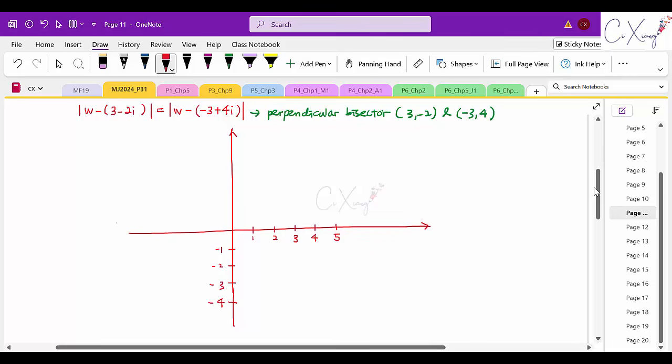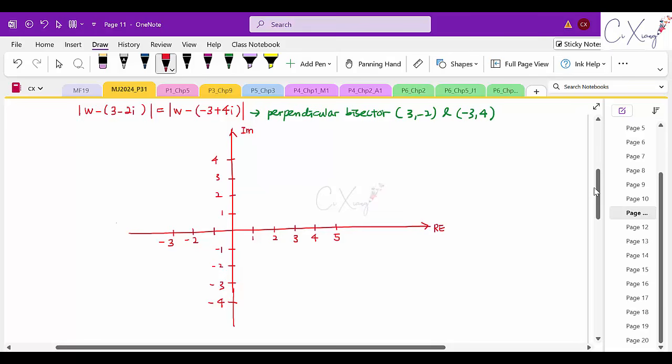After that, for the positive y, I need until 4 also. Then for the x negative, I need until -3. So -1, -2, then this one will be -3. Real axis and also imaginary axis.